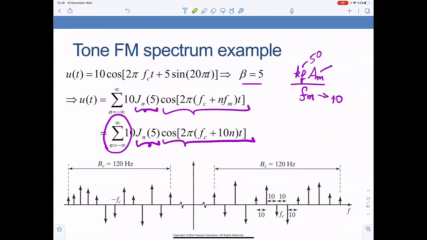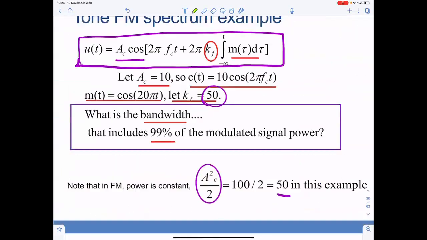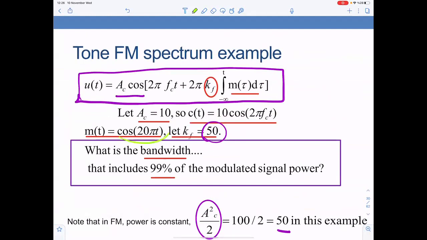See, it's here. It's given to us in the example: 20 pi t. So it's 2 times 10 pi t. I mean, 10 times 2 pi t, right?